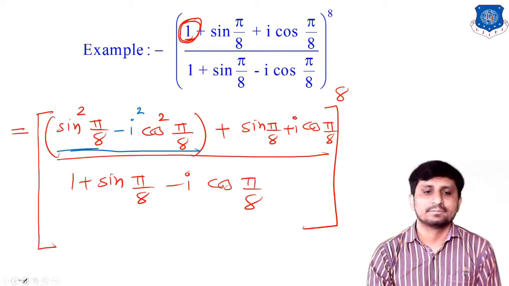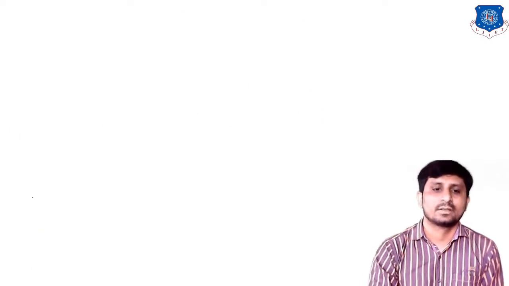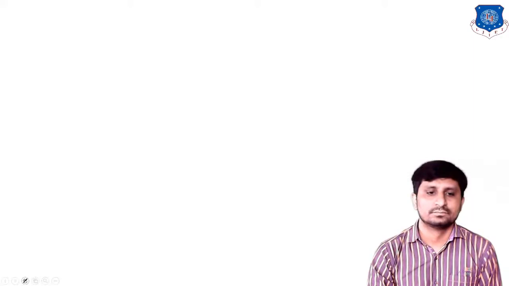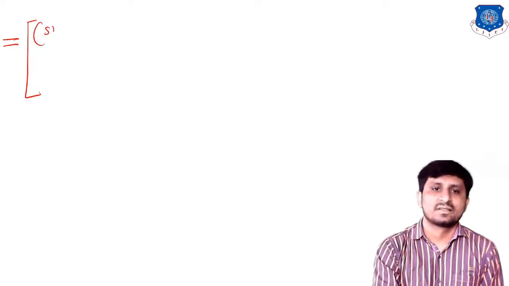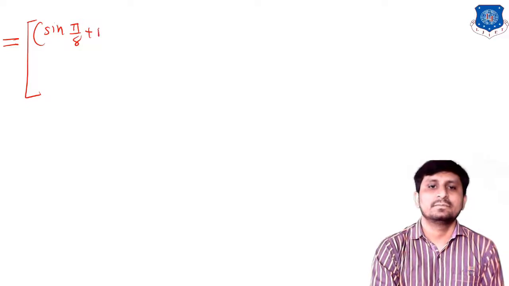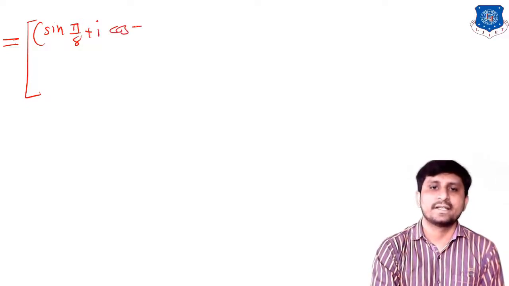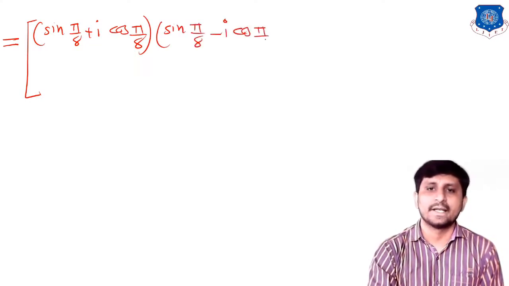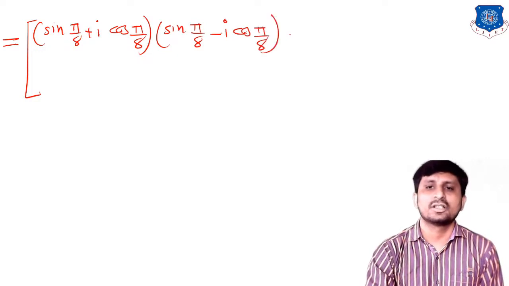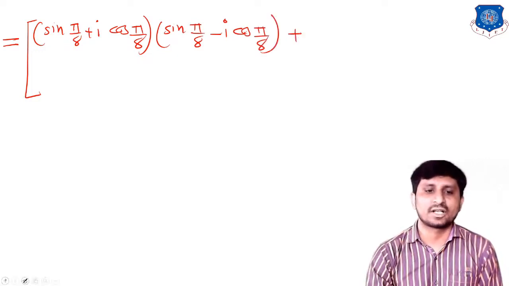So in the next step, now I can write sin pi by 8 plus i cos pi by 8 into sin pi by 8 minus i cos pi by 8. Still all other terms are as they are. What are the other terms?